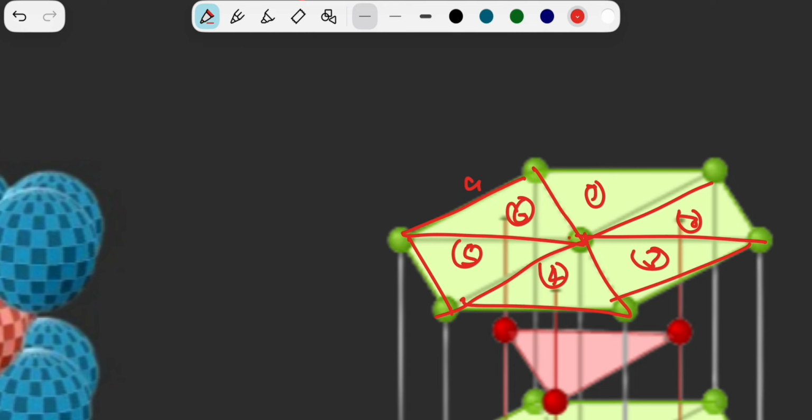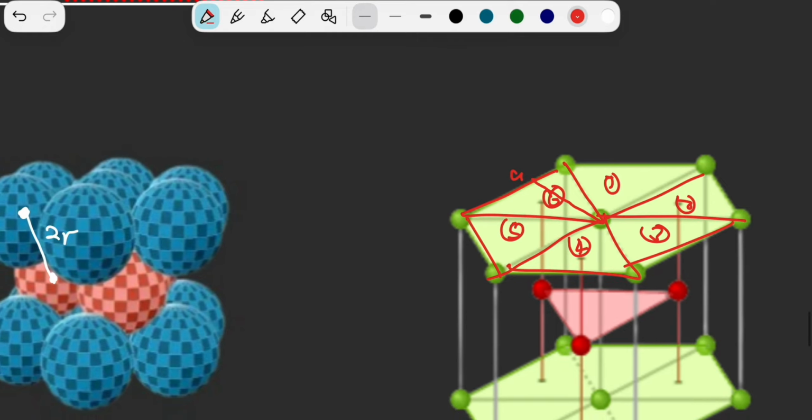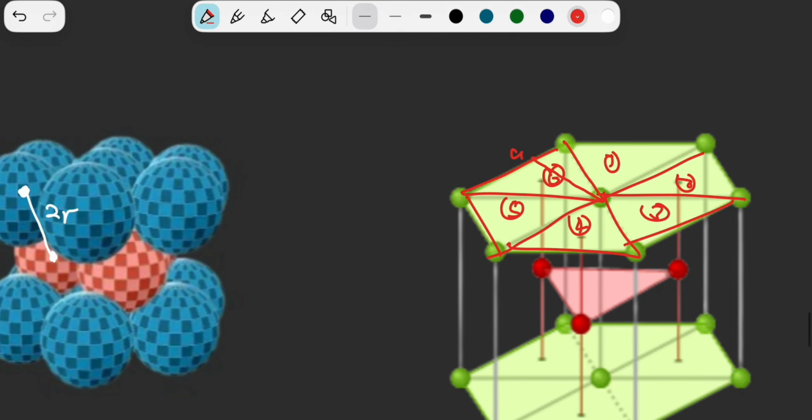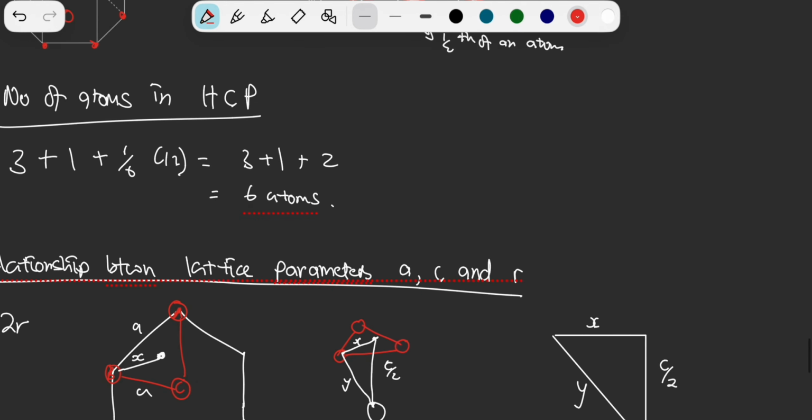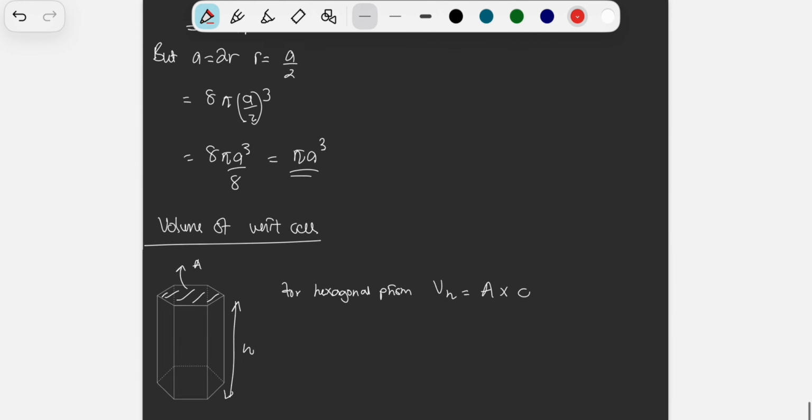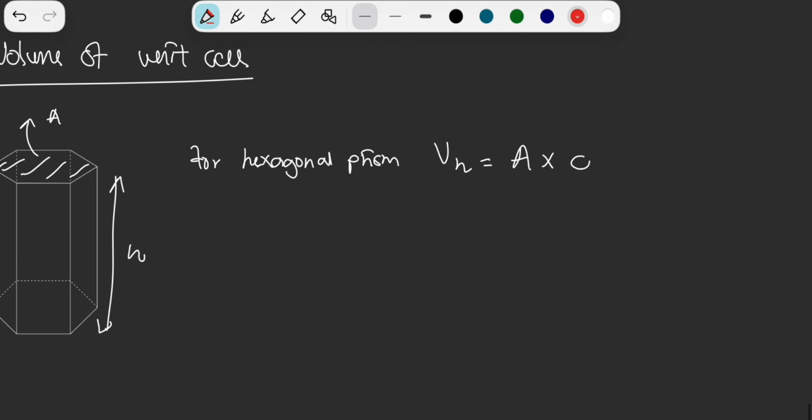And the height of an equilateral triangle is basically the square root of a squared minus (a over 2) squared. So basically the area A is going to be 1/2 base times height times 6, because you have 6 triangles at the top.